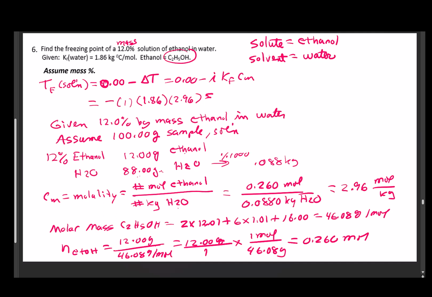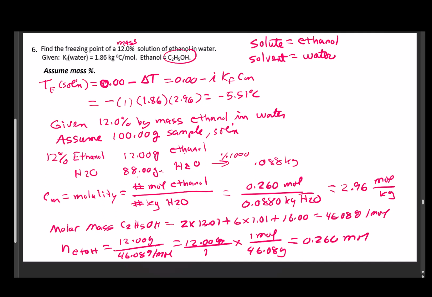Multiply out, so the answer is minus 5.51 degrees Celsius. The solution is going to freeze 5 degrees below zero, right? So it could freeze.